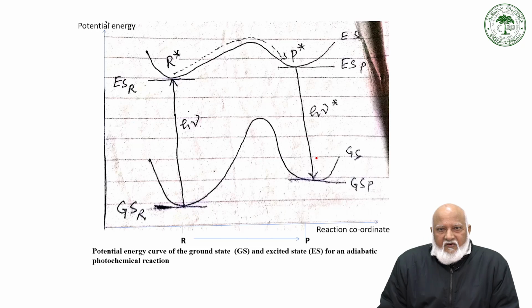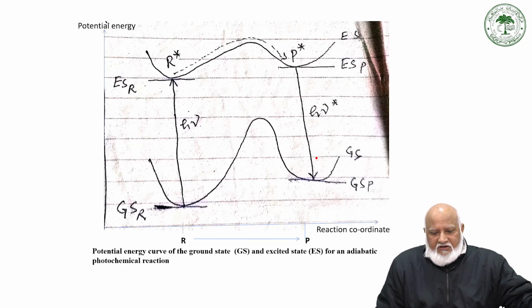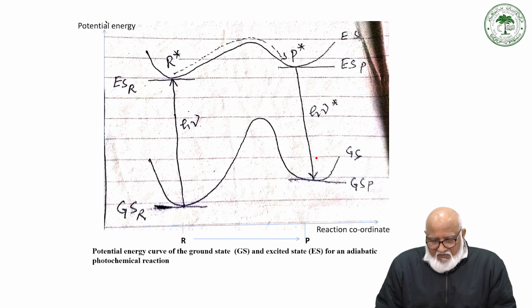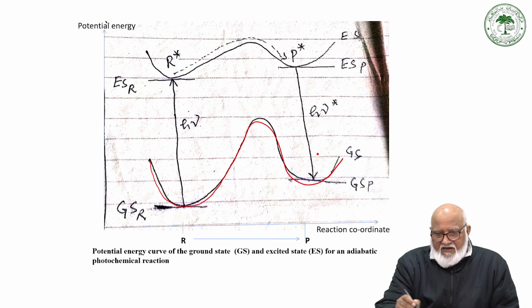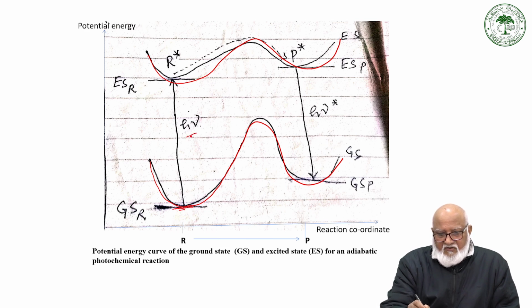So this is the first type. This is the adiabatic potential energy curve of the ground state. There are two curves: this is the ground state curve and this is the excited state potential energy curve. We have a reactant in the ground state which on absorption of light goes to an excited state of the reactant. So ESR is the excited state of the reactant.